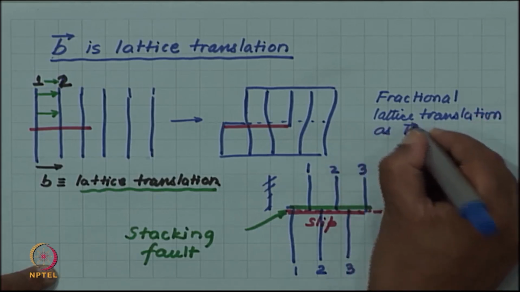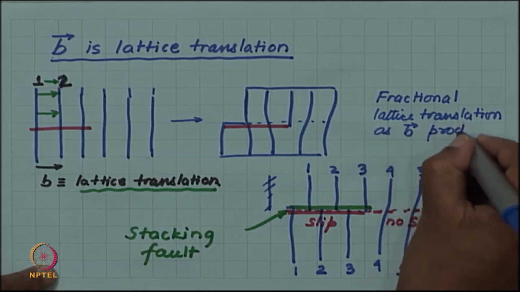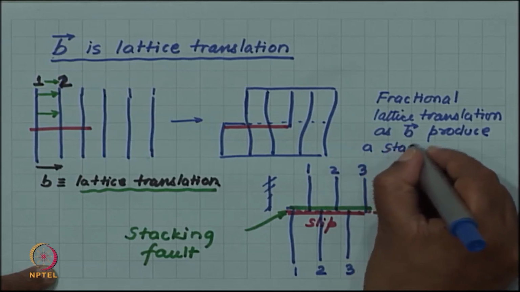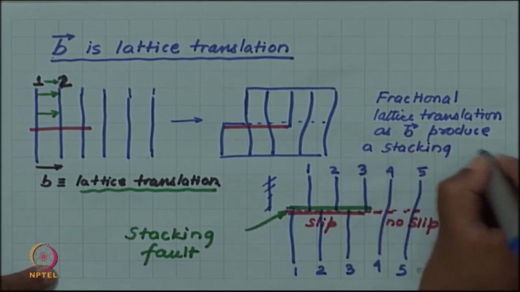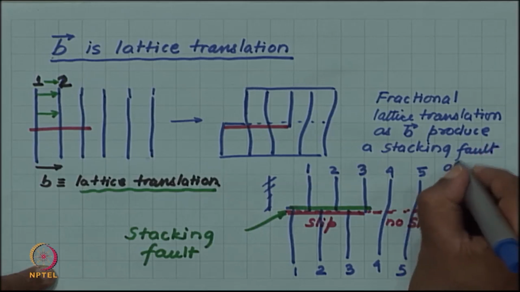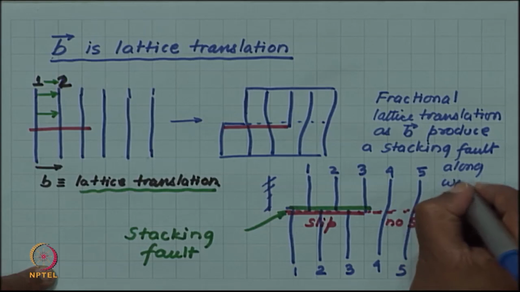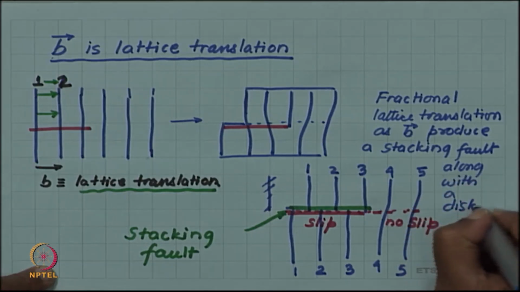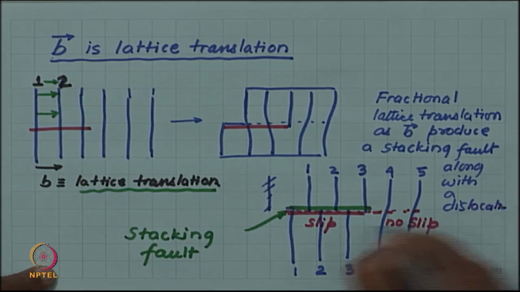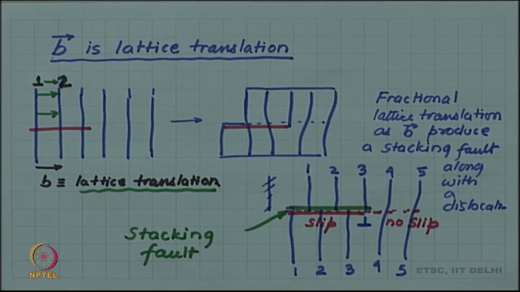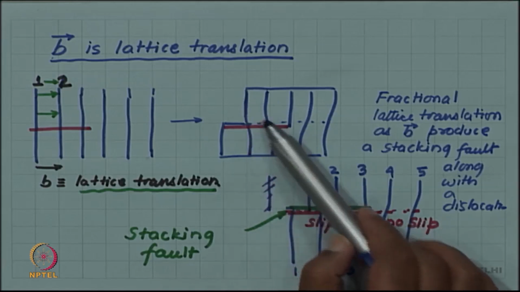As B produces a stacking fault along with the dislocation, we do have a dislocation line here, but this dislocation line is associated with a stacking fault plane, whereas in this case, we allowed the connectivity.